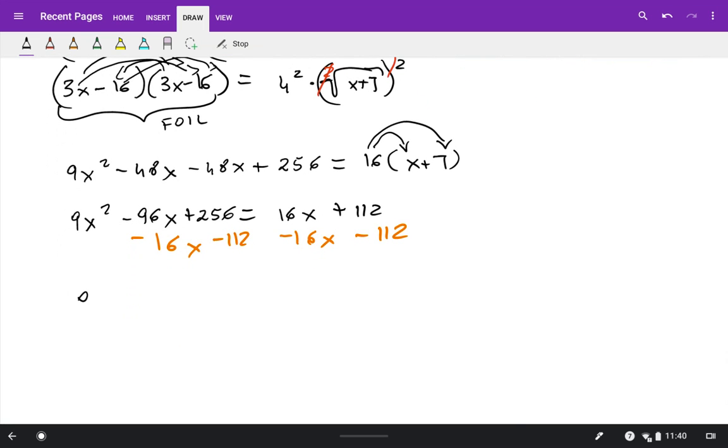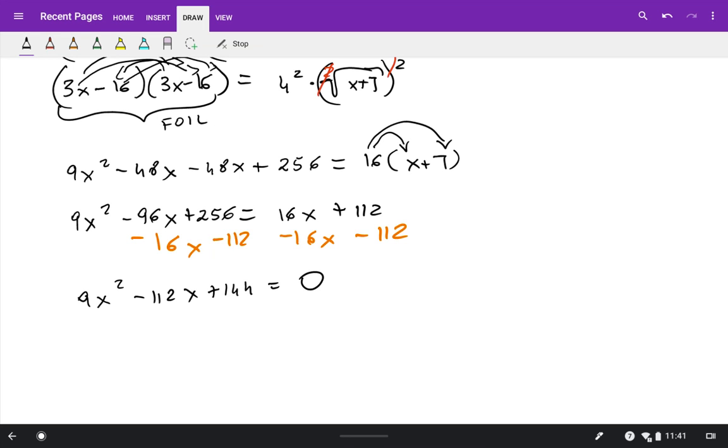And that will give us 9x squared, negative 96 minus 16 gives 112, minus 112x. 256 minus 112 will give us 144, equals 0. Okay, so this is the equation.